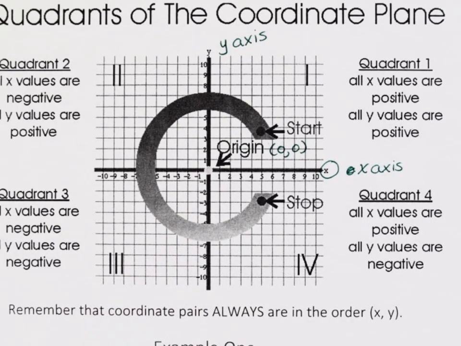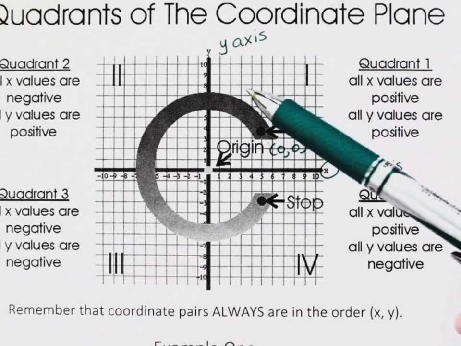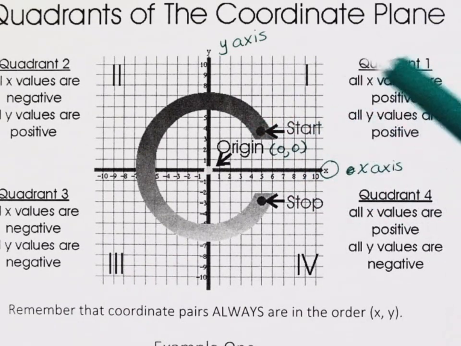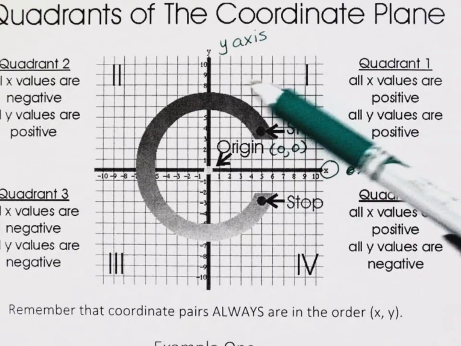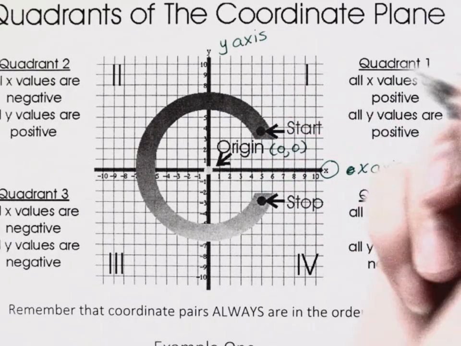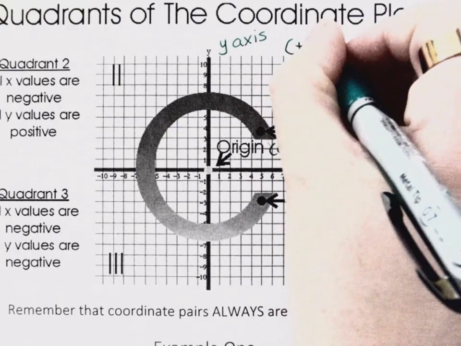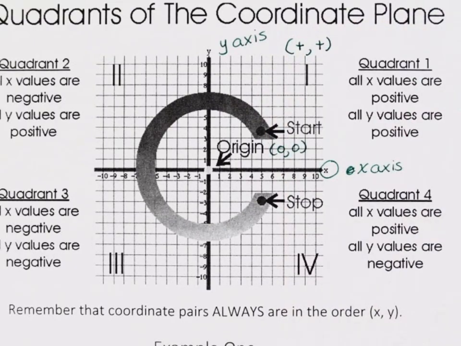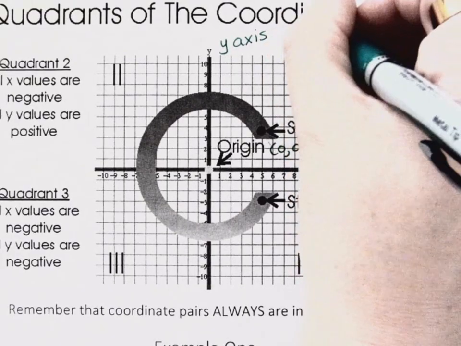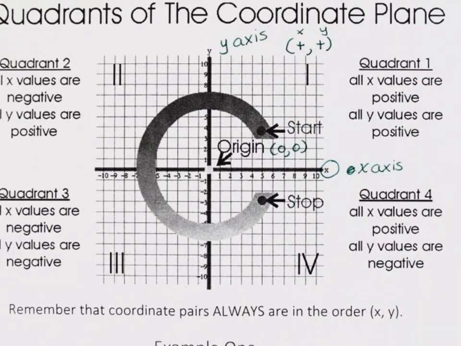For those of you who may not know, quadrant 1 is a little bit weird, but it is where x and y values are positive. We always lead with the x. So the x is positive and the y is positive. This is always your x coordinate, that's always your y coordinate. x comes first, y comes second.